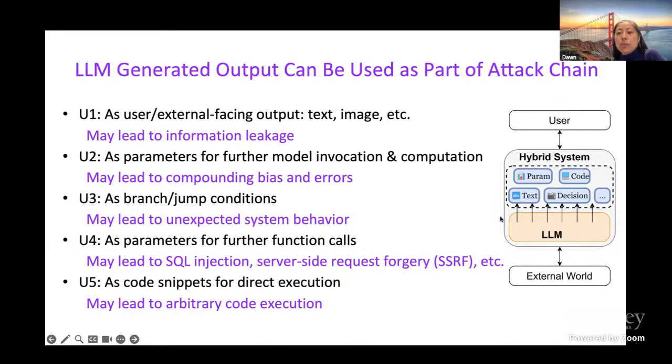And also the produced outputs, again, could be toxic, could contain dangerous information, such as how to make a bomb, how to launch other attacks, and so on. So many such potential security and privacy challenges, and also safety harm.